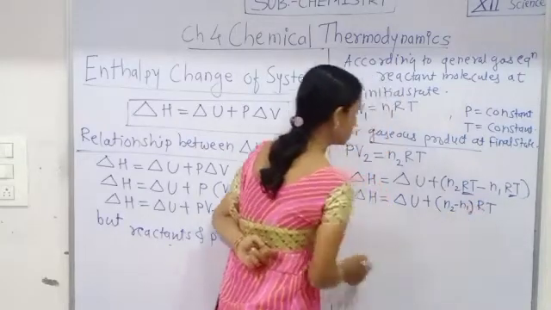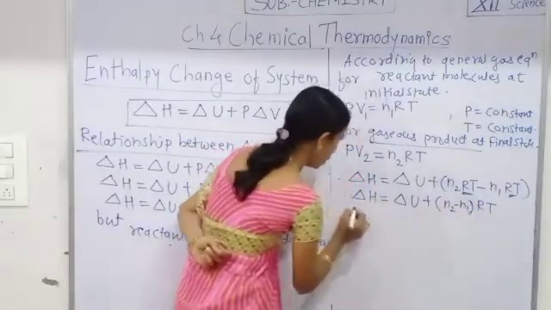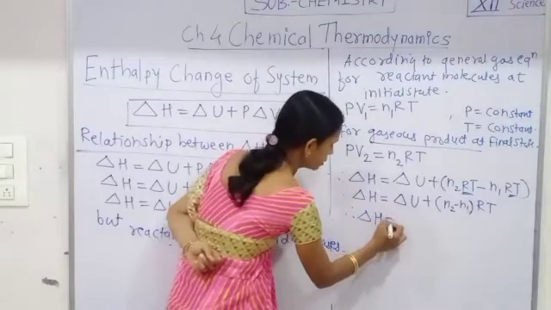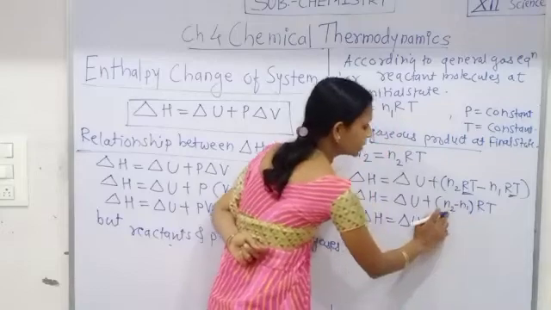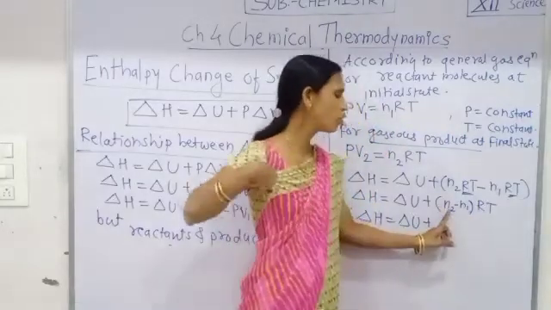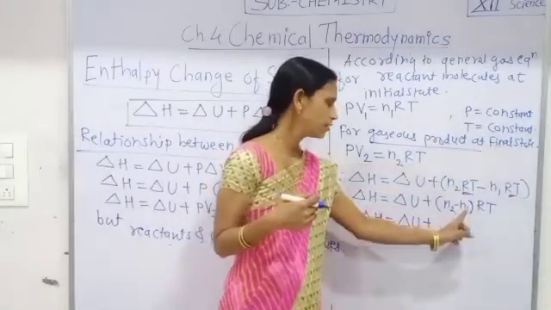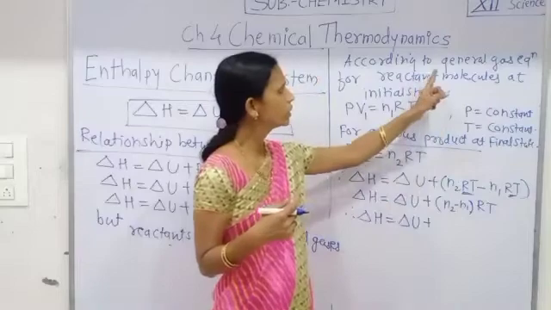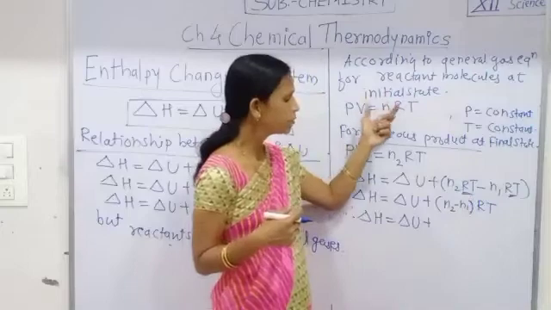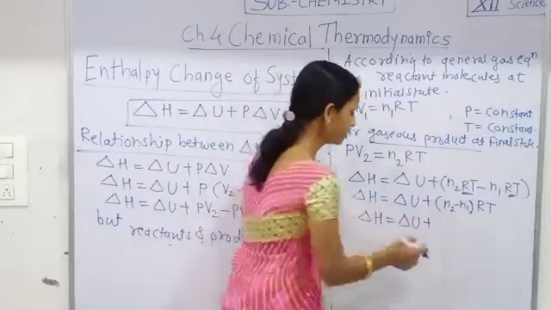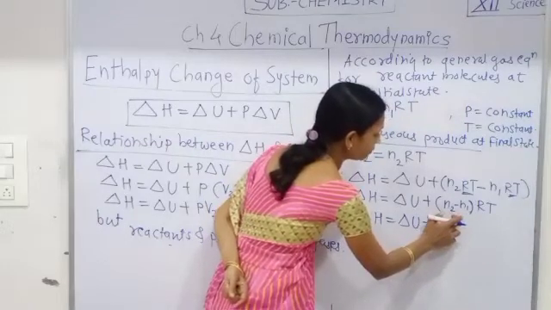in brackets, RT, which is common, is taken outside the bracket, and therefore delta H is equal to delta U plus N2 minus N1, where N2 is the number of moles of product at final state, and N1 is the number of moles of reactant molecules when the system is at initial state, and therefore that is the change in the number of moles of reactants and products.